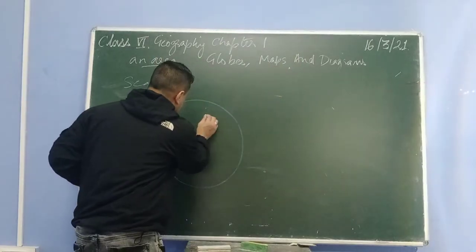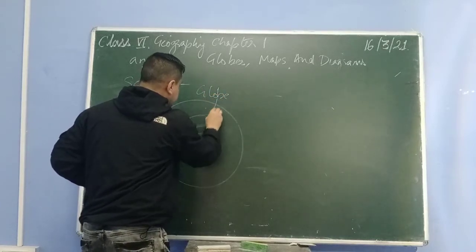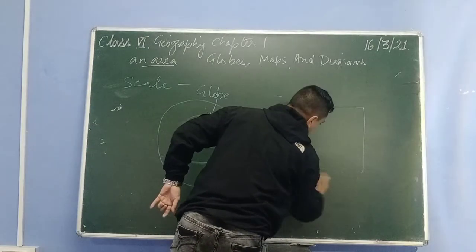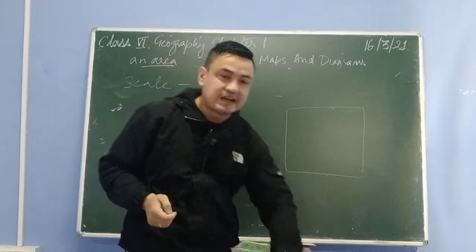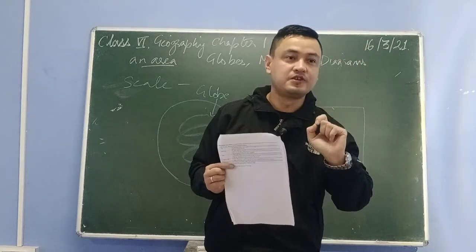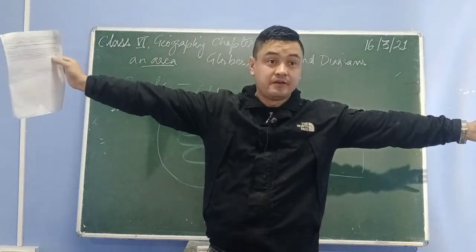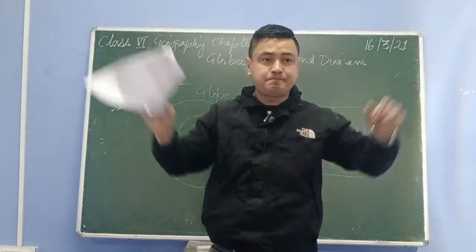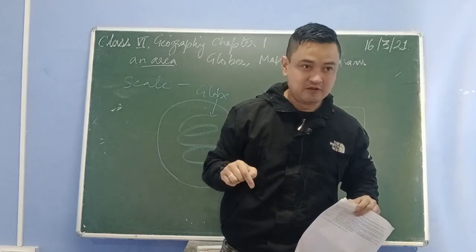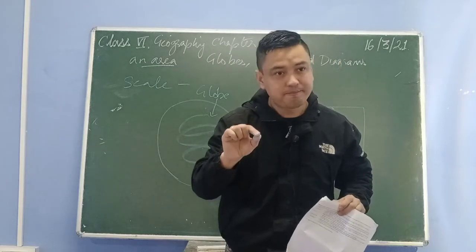To fit the picture of this globe in a piece of paper, like this kind of paper, you have to reduce the size of the picture because the earth is very, very big. To fit the big picture in a small piece of paper, you need a scale. Are you getting my point?